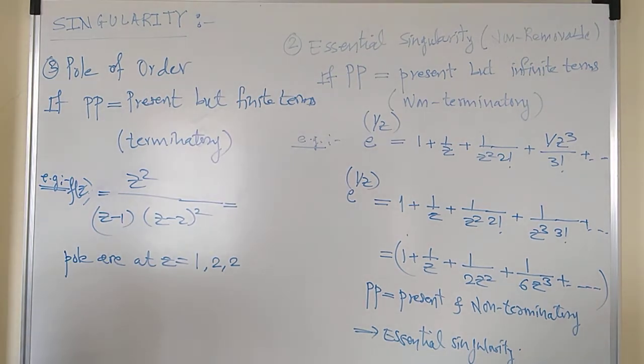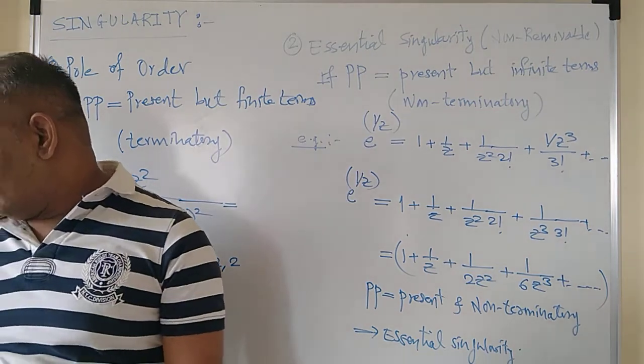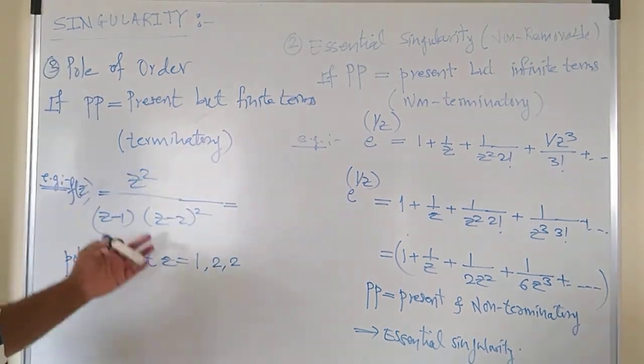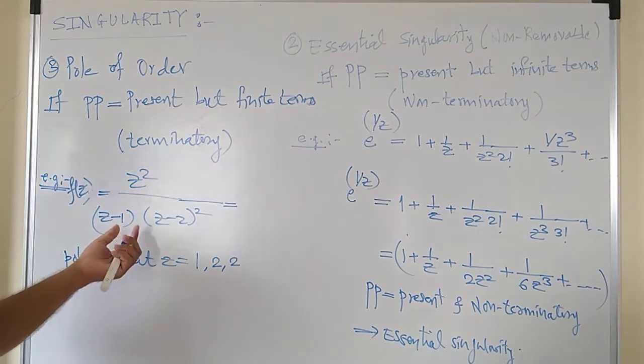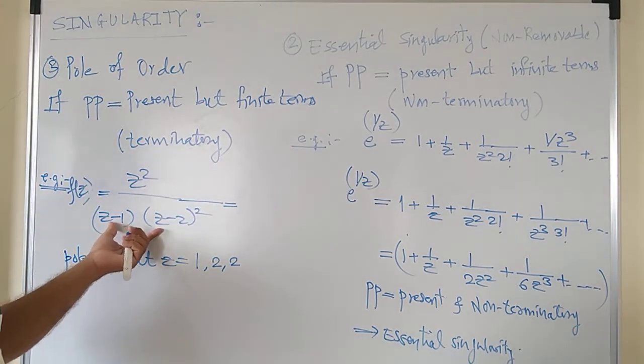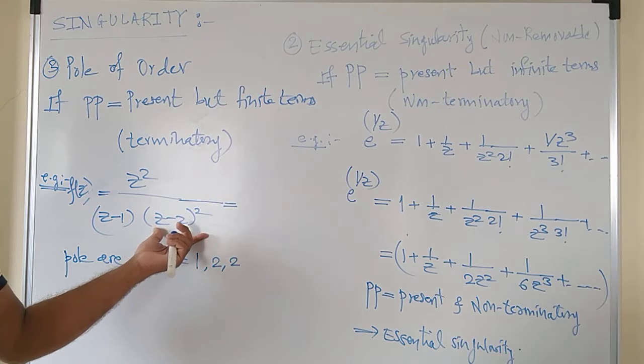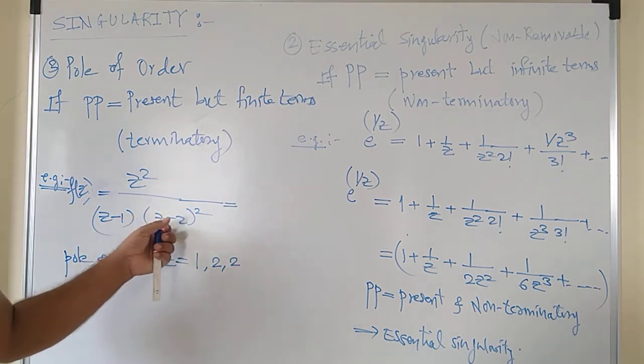Got it? So this kind of singularity is called a pole of order singularity, right? Because the principal part is present, z exists at the denominator and no infinite number of terms are there. These are a finite number of terms.